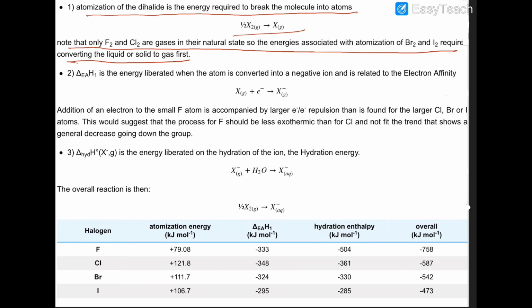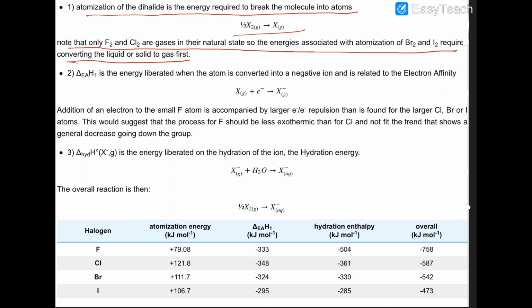So you can say that enthalpy of atomization is very high in the case of bromine and iodine, but very low in the case of chlorine and fluorine, the reason being that both of them exist as gases. So you do not need enthalpy of evaporation or sublimation in them. So in the case of fluorine and chlorine, the energy required in the first step is very, very low. The next two steps are the energy releasing steps.